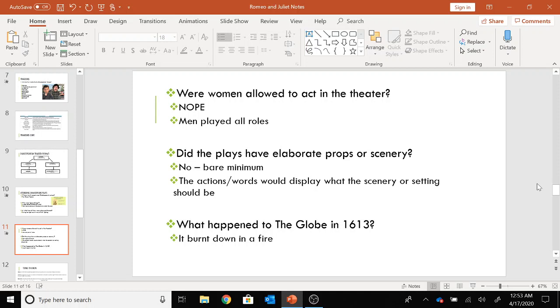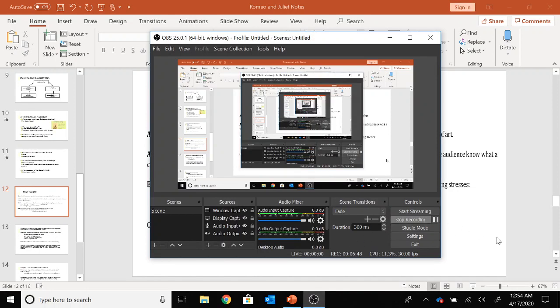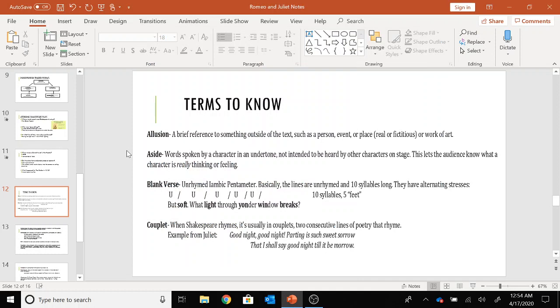Yet this architect was able to pull off this feat to build an exact replica of what the Globe looked like back then, and it is very, very awesome that we still have at least this Globe Theater to look back on. Okay, these terms are fair game for the test.